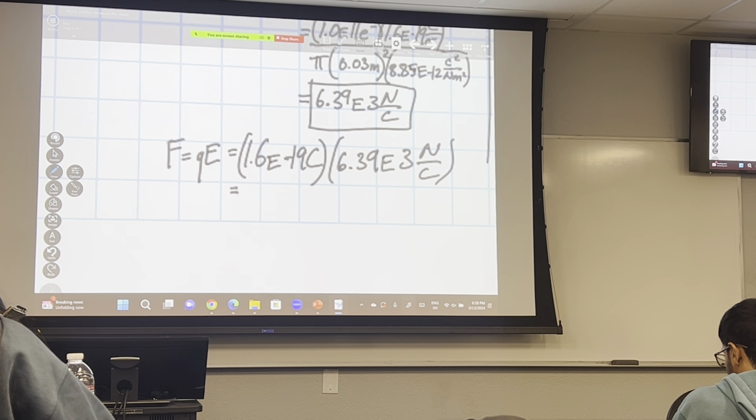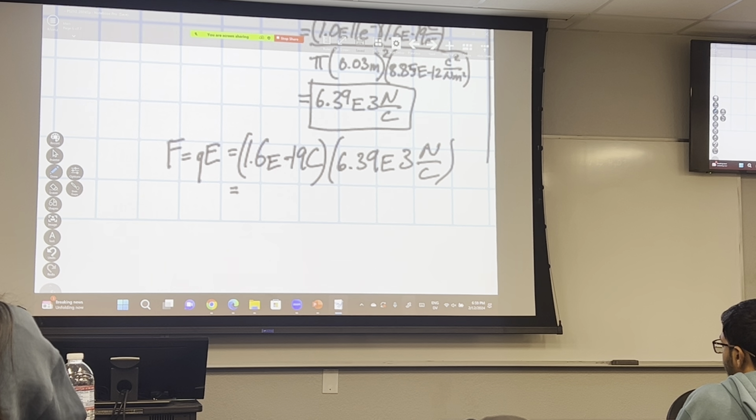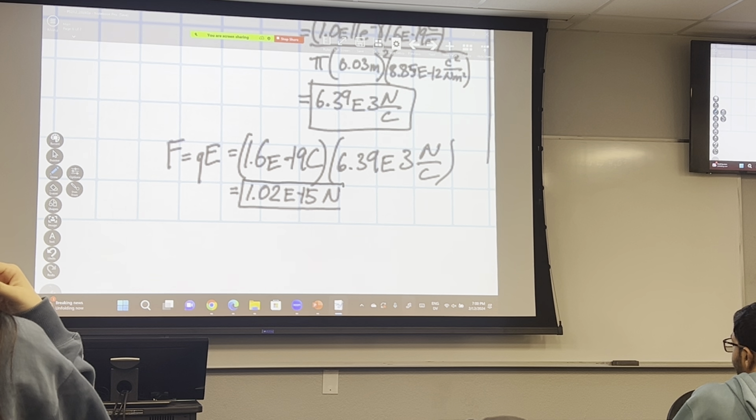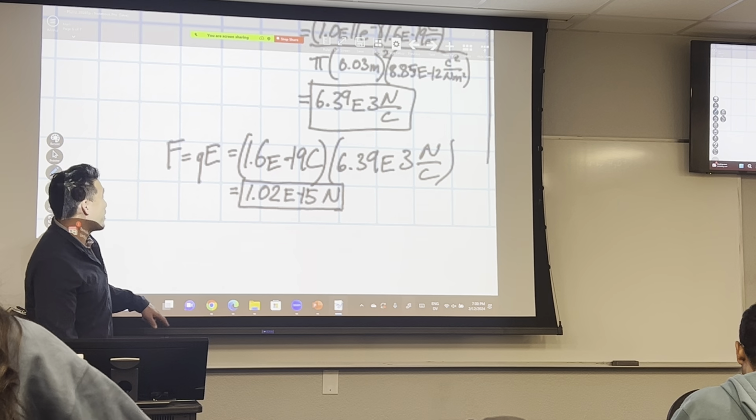It is 1.02 times 10 to the negative 15 newtons.